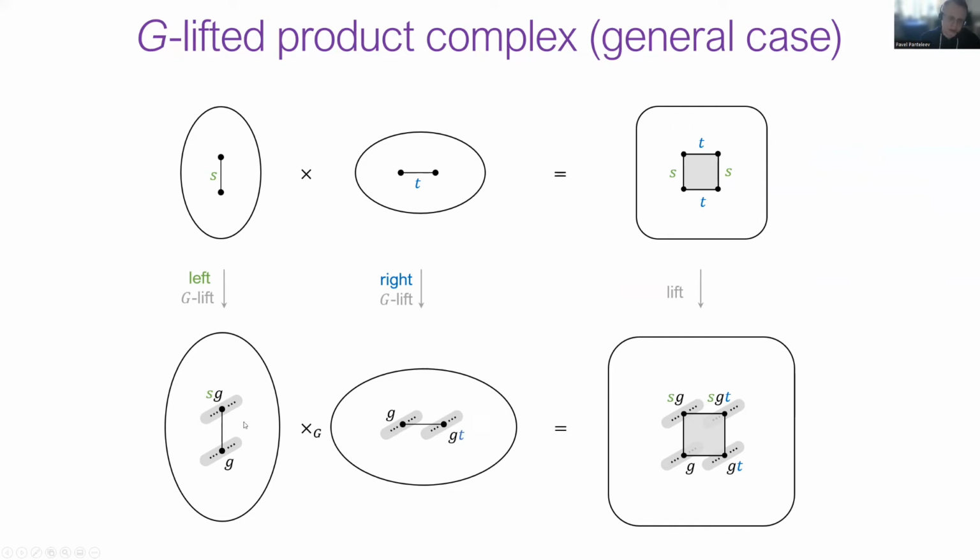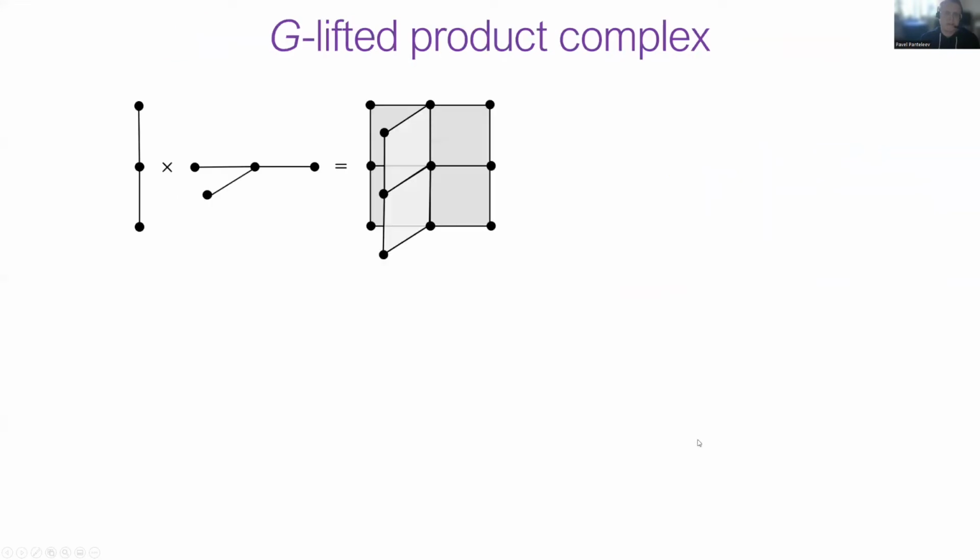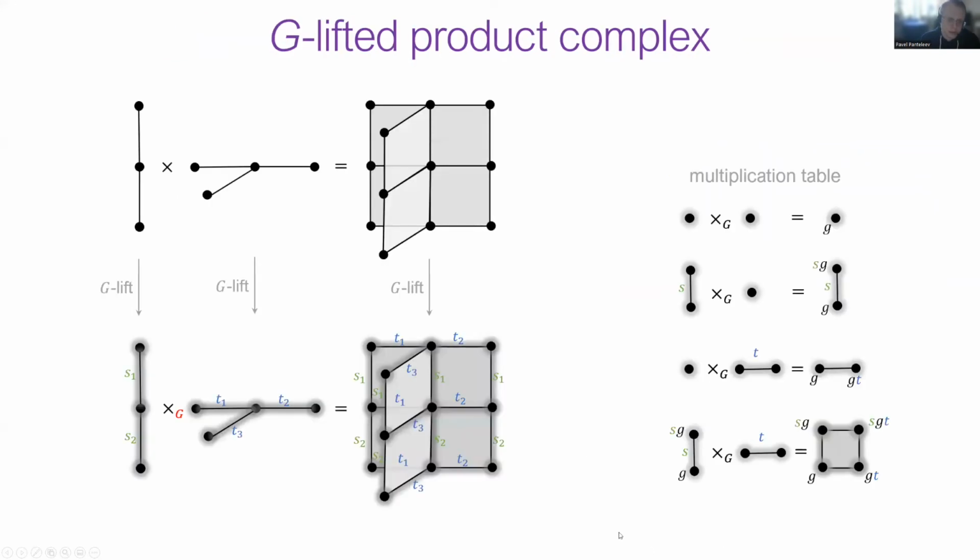Using these left and right lifts, we can obtain the lift of this two-dimensional complex. We can lift each square into several copies of these squares shown here. We can also consider this on this example, where we lift this graph and obtain this two-dimensional complex.